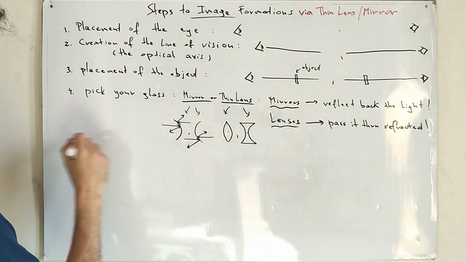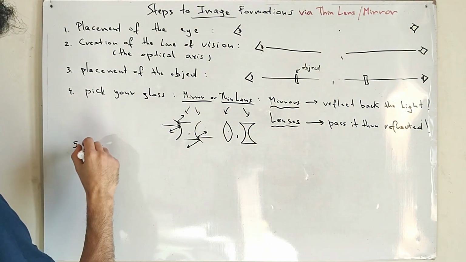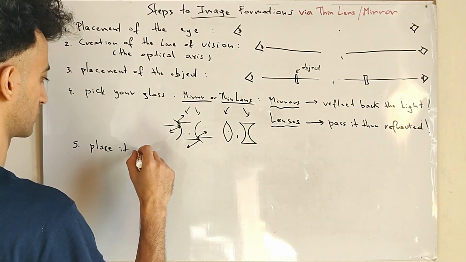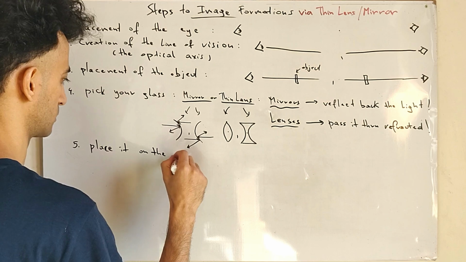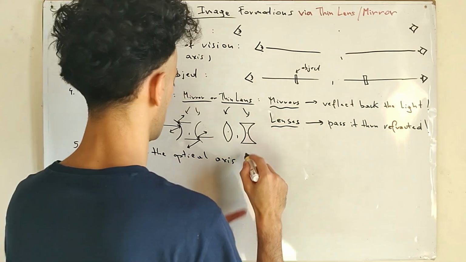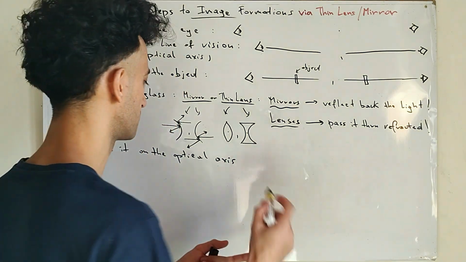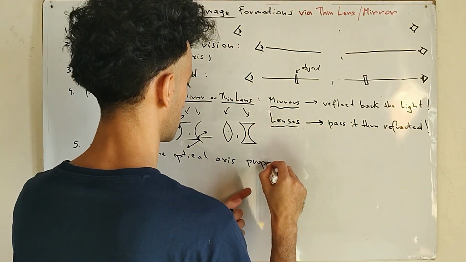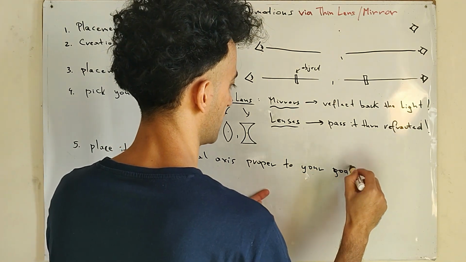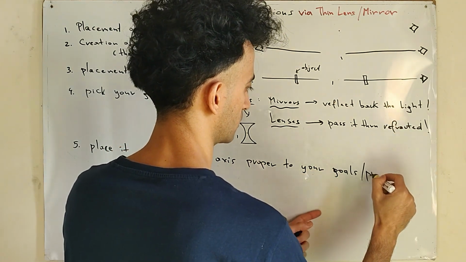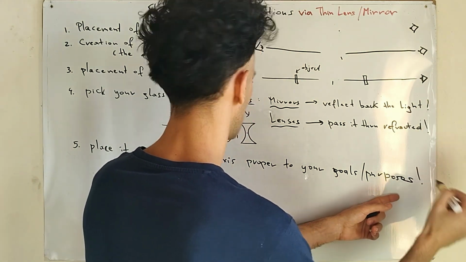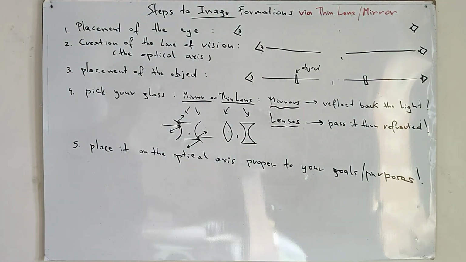Now, after you know which one is which, you pick one, and you place it on the optical axis appropriately. Appropriately in this case means proper to your goals, your aims, right? Your purposes. What's the purpose of placing a mirror?